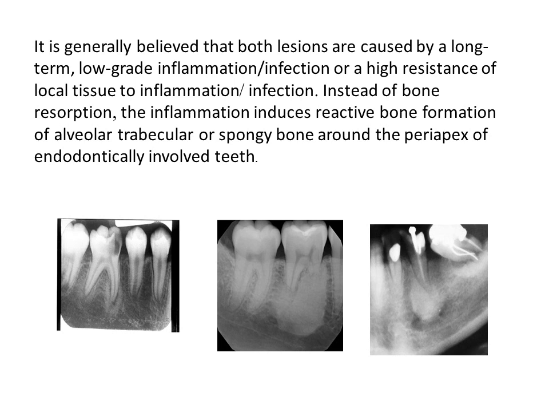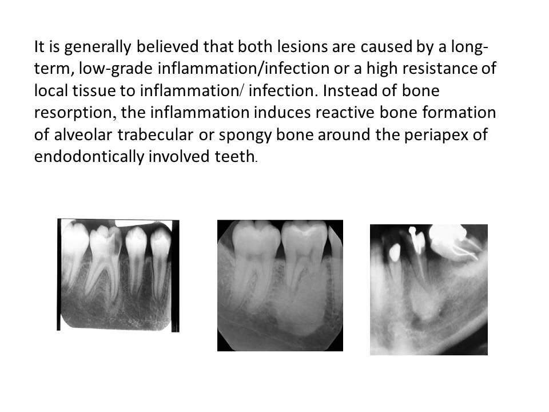So it's generally believed that both lesions are caused by long-term low-grade inflammation or infection, or high resistance of local tissue to inflammation or infection, which means that the balance between the infection, the toxin, and the host was there with high resistance, so it's sustained for a long time. If the host was with low resistance, an abscess would be there. That's because the patient had a good resistance.